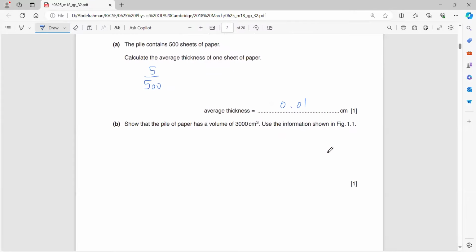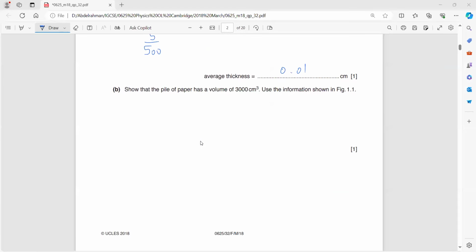Show that the pile of paper has a volume of 3,000 centimeters cubed. How can I find the volume? It's quite easy. Volume equals area of base times height.